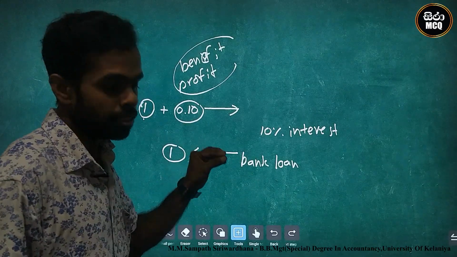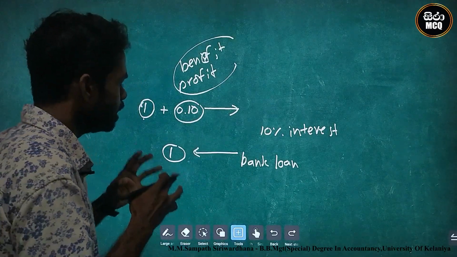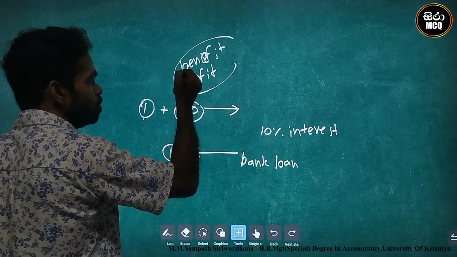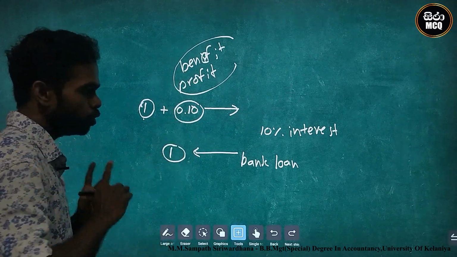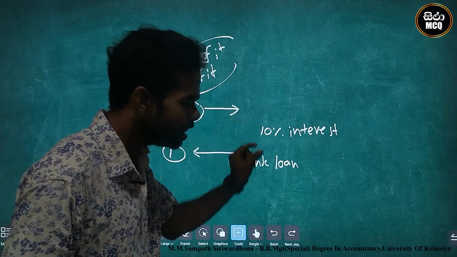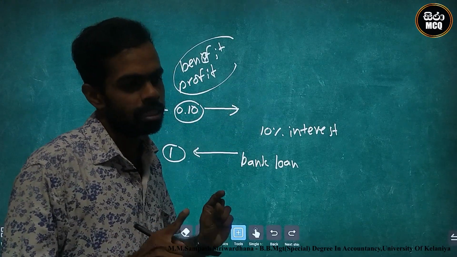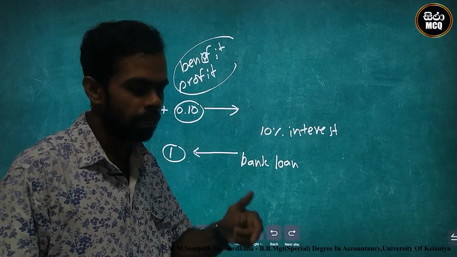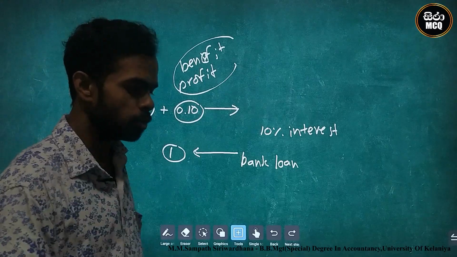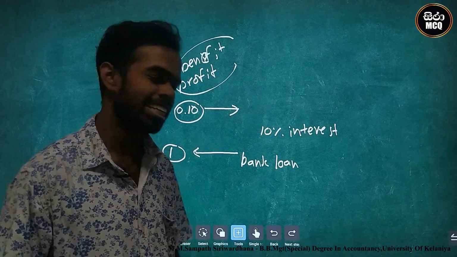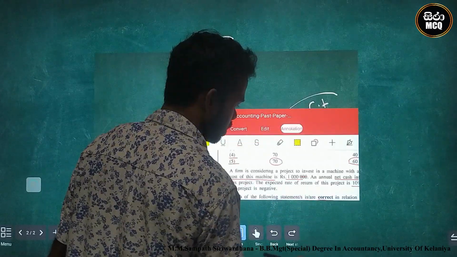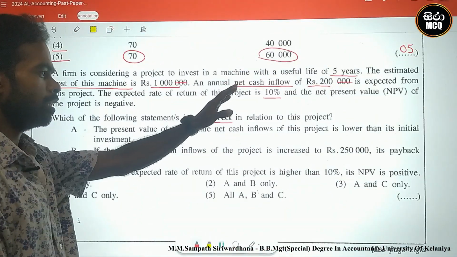The expected rate of return means there is a return he must collect from the customers, a benefit or profit, to pay the interest. This 10% is the expected rate of return to pay the interest. Therefore, for the expected rate of return, I assume it is the interest rate.